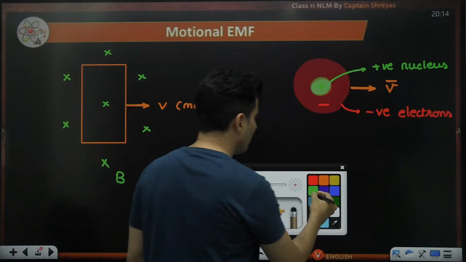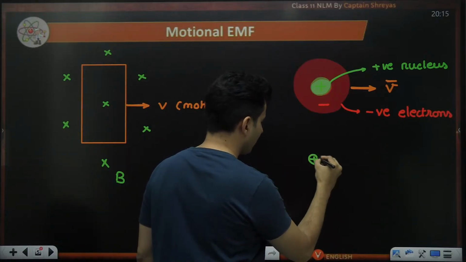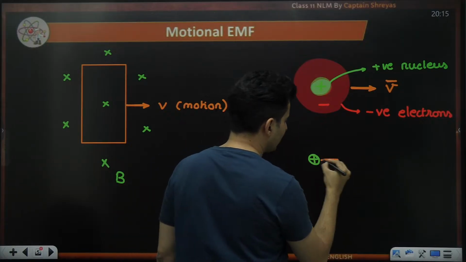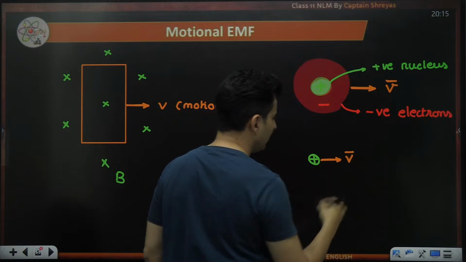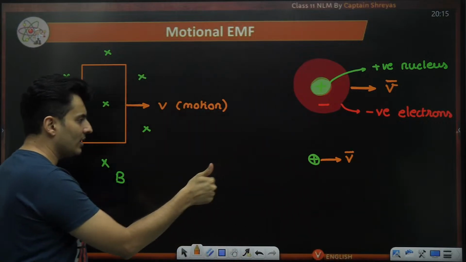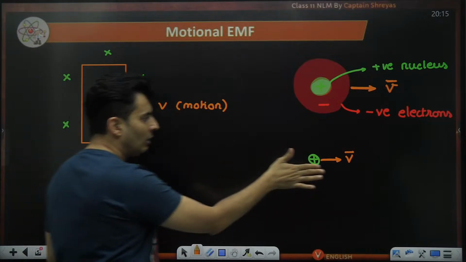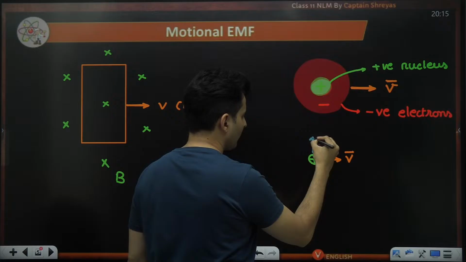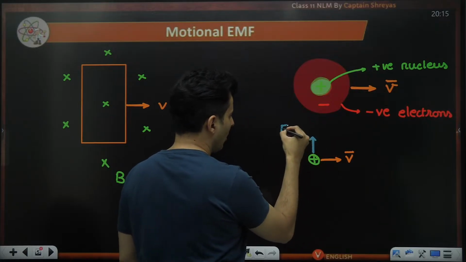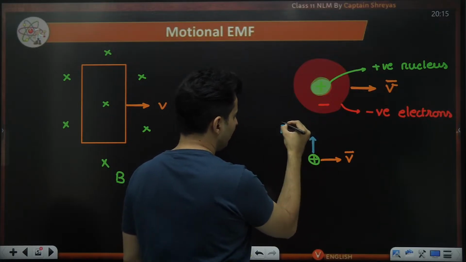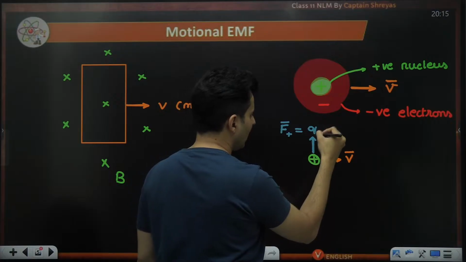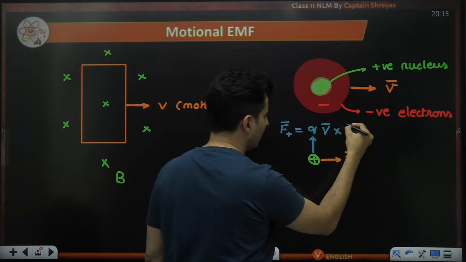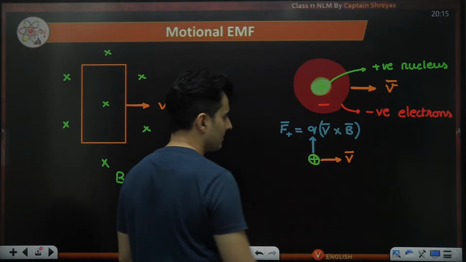So on the positive charge, because of the velocity which is directed over here, Q V cross B, magnetic field is inside, V cross B will be a vector like this. So this is the force on the positive charge, which will be the charge of the nucleus into velocity cross producted with the magnetic field.